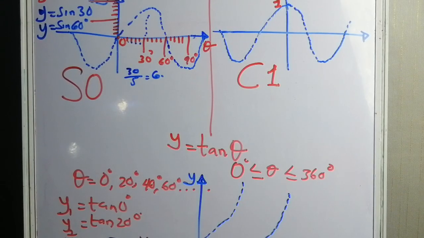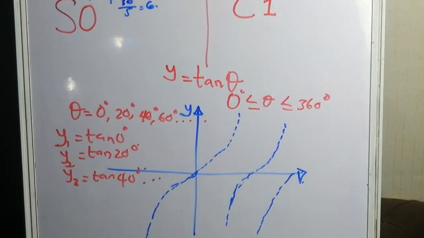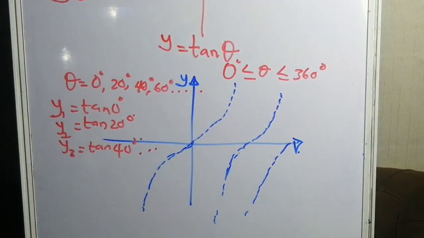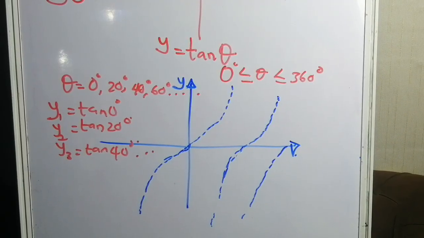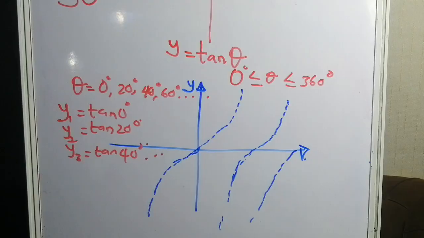By the time you plot the graph, you see that this graph is different from the cosine and sine graph. You get this pattern for your graph. So it's very simple.